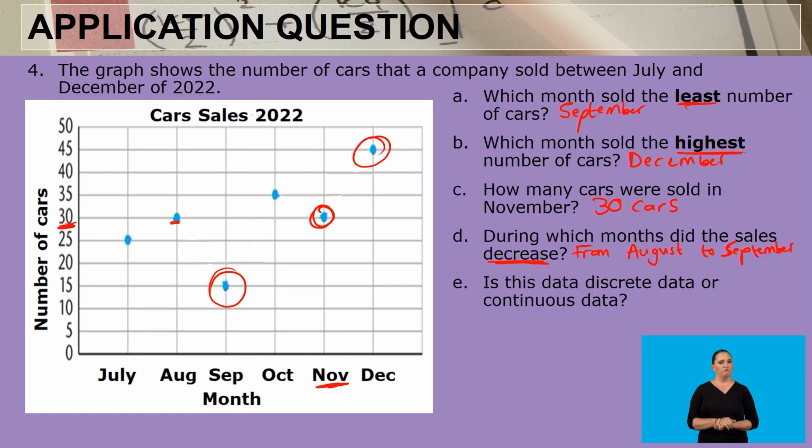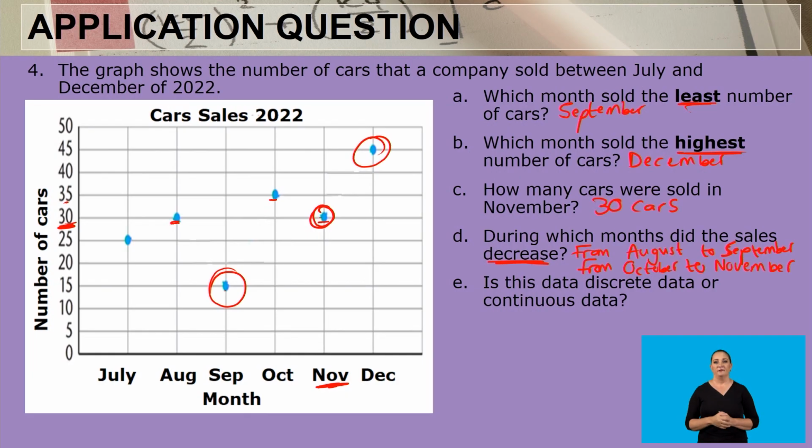Well, of course not, because we can see there that in October we had a sale of 35 cars, but in November we only had 30 cars. So again, from October to November, we definitely had a decrease there.